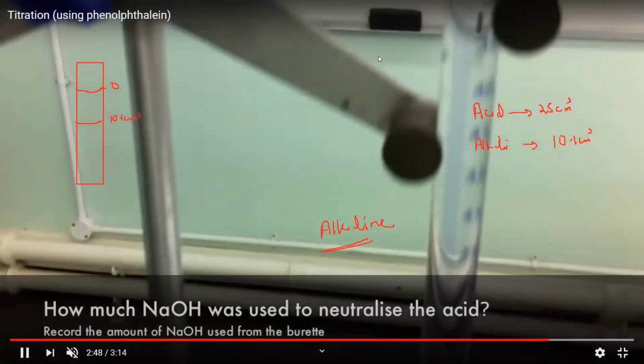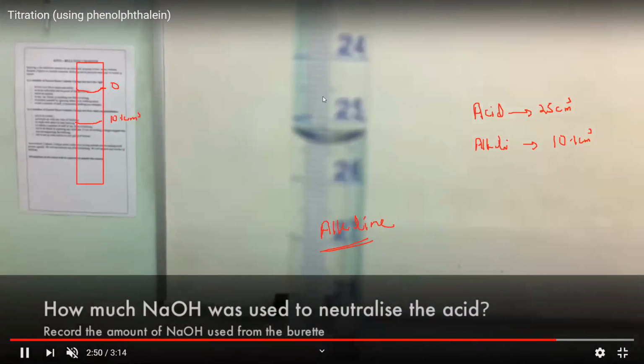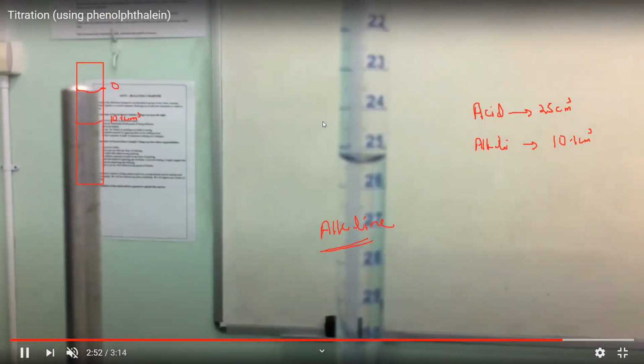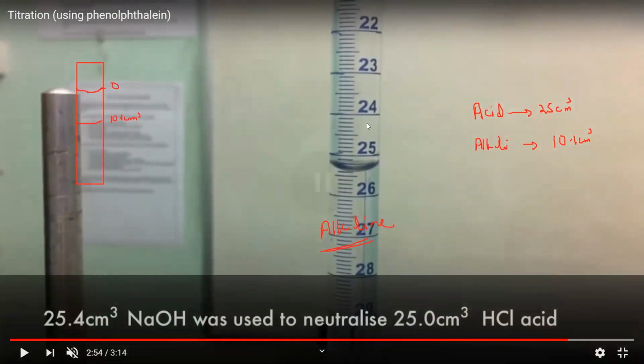So how do we know? You can see this is a burette. So we read this burette. Each division represents 0.1, like this is 23, 23.1, 23.2, 23.3, 23.4, and 23.5, and so on. So what is the level here? We always read the lower meniscus.